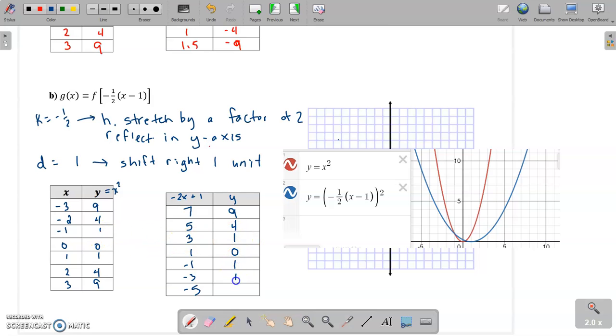So the x values got transformed. And the way to look at this is if you look at the original value 0, 0, that got transformed to 1, 0. You can see here the min value, the vertex 0, 0, is now at 1, 0. And another nice point is -3, 9 in the original function has been transformed to 7, 9, because there's also a reflection.